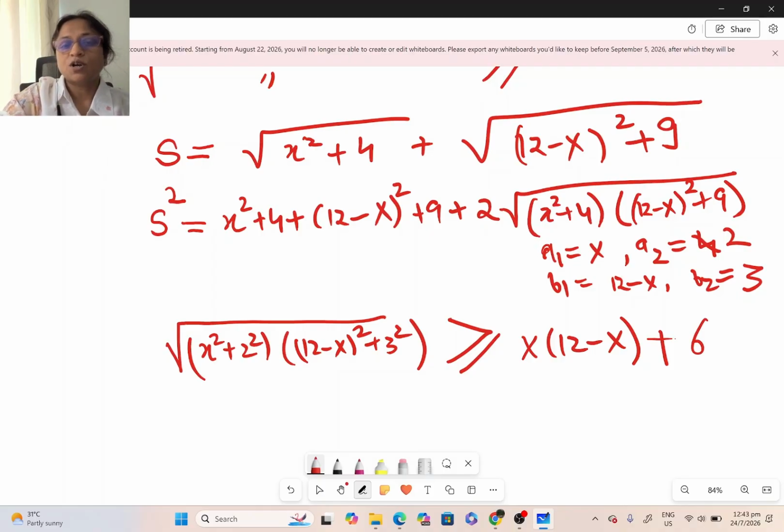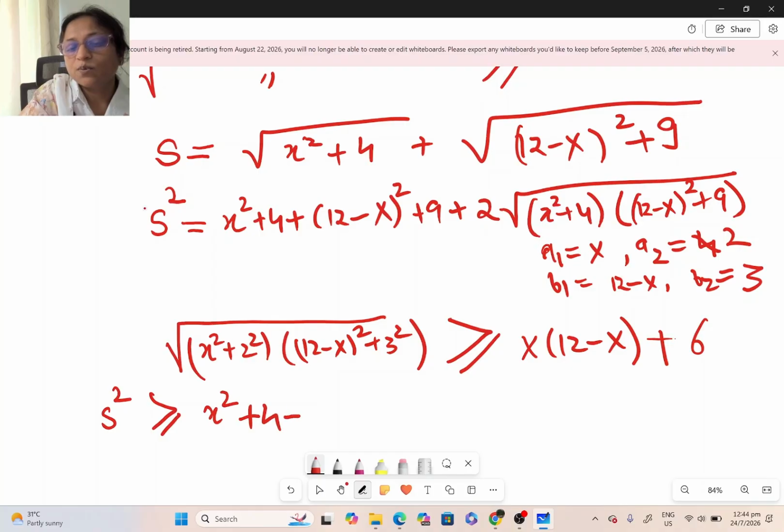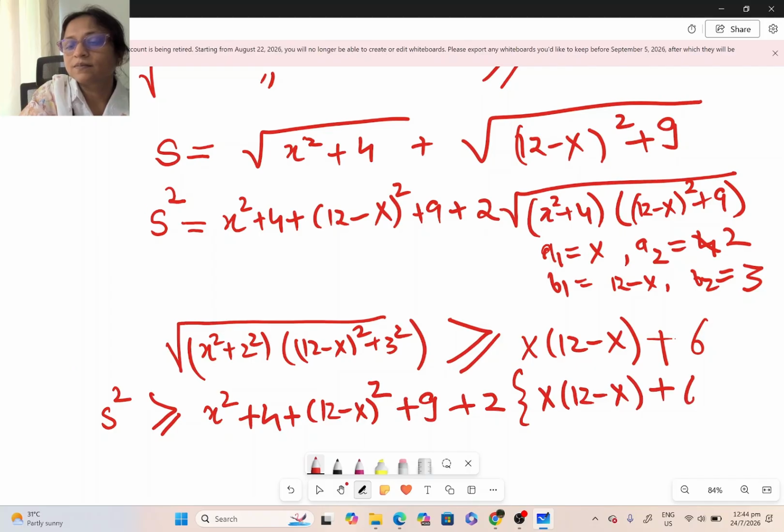All right. So now we know S². Now see, if this is always greater than this, then S² will be greater than or equal to what? I can replace this by this. So x² + 4 + (12 − x)² + 9 + 2 times this. I hope that's clear.